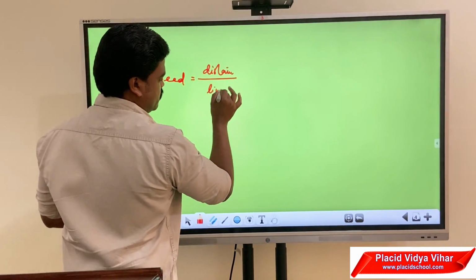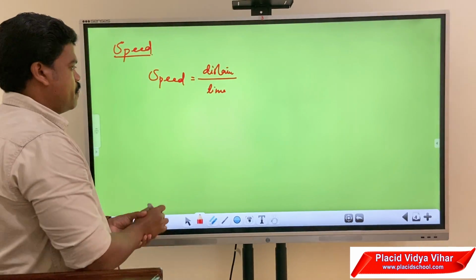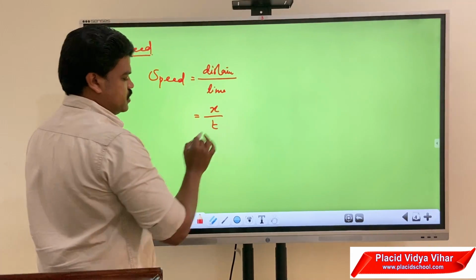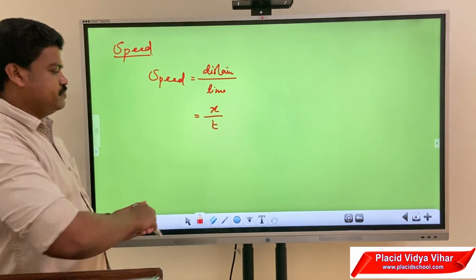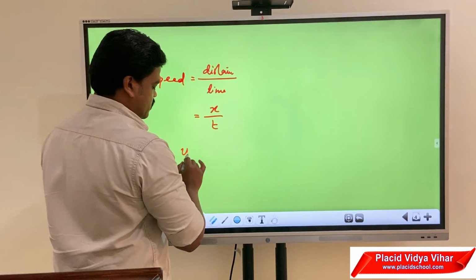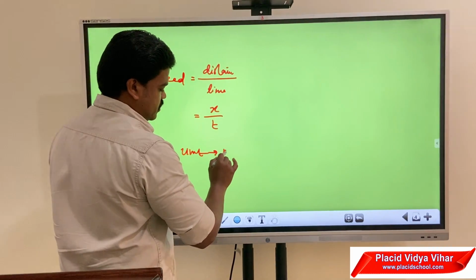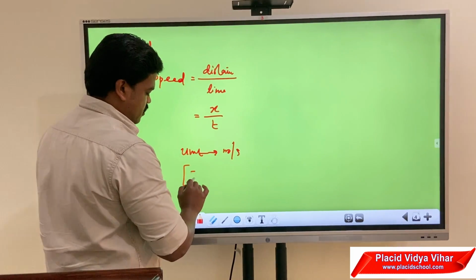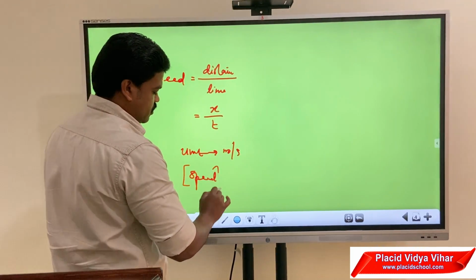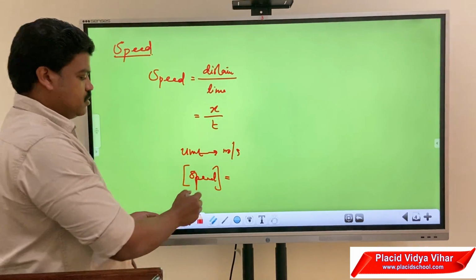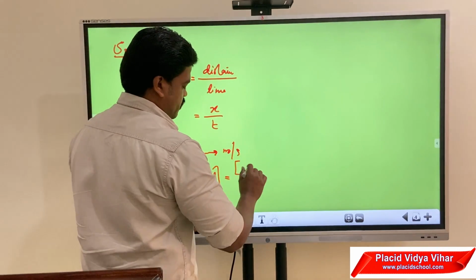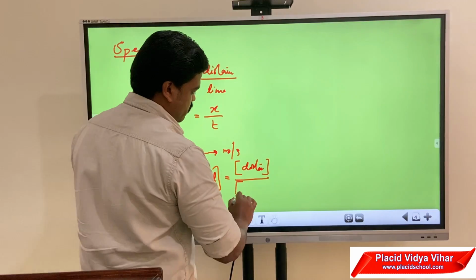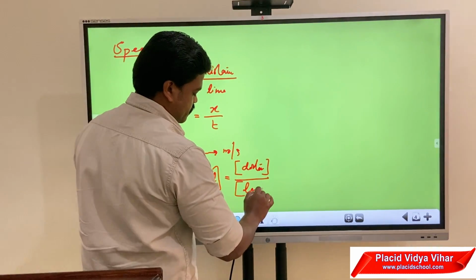divided by time taken. As we know, speed is equal to x by t, distance covered by time. The SI unit of speed is meter per second, and its dimension is equal to the dimension of distance by the dimension of time.